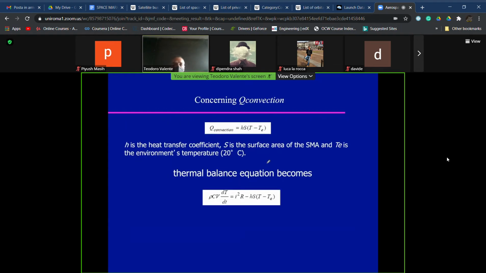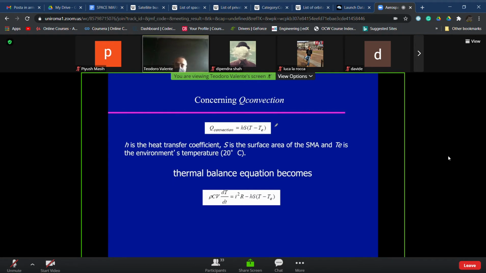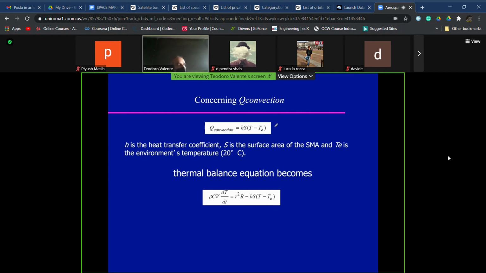And so the most important term for the evaluation is not the conduction, is not the radiation, but is essentially the losses by convection. And so the convection can be written, as you can remember from your physics examination, as the result of the multiplication of the heat transfer coefficient by the surface area through which convection is going to occur, and then the last term is the difference in temperature.